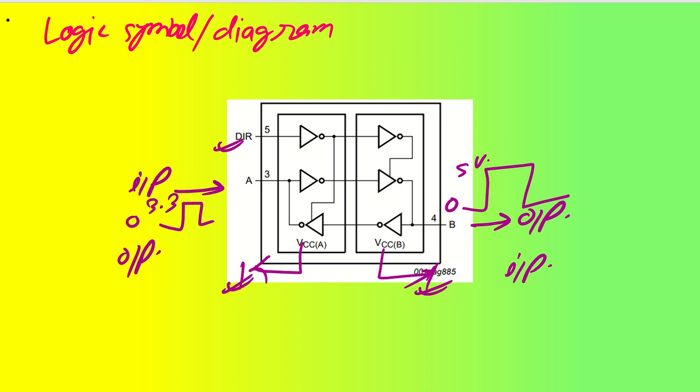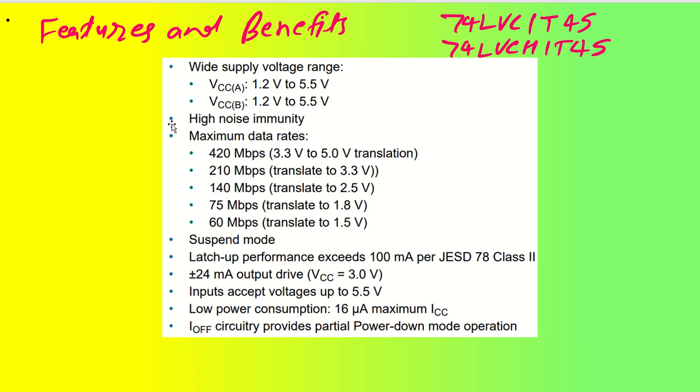Okay, so let's talk about the features and benefits of this particular IC. It can take the A side as well as the B side from 1.2 volts to 5.5 volts. The benefit from this session is that you can utilize the same ICs in a lot of your applications, and at the same time you will understand what a voltage translator is and how these are generally utilized in circuit designs.